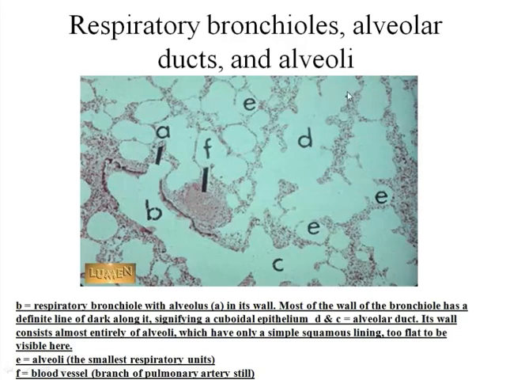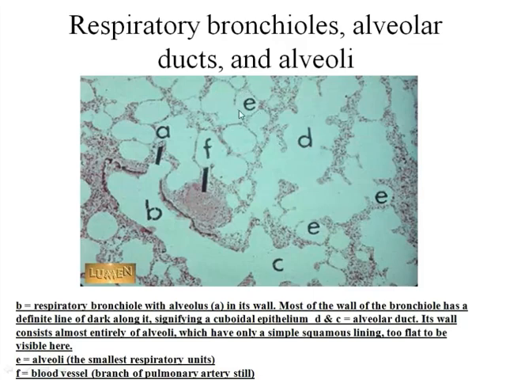These alveoli open centrally, and they form this alveolar duct. Its wall consists almost entirely of alveoli, which have only a simple squamous lining, too flat to be visible there. Now, you don't see cuboidal epithelial cells here. They are simple squamous epithelial lining.